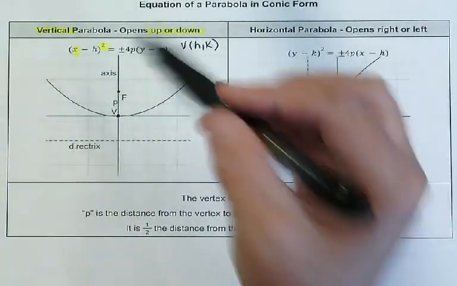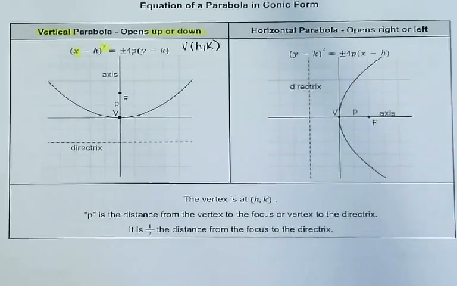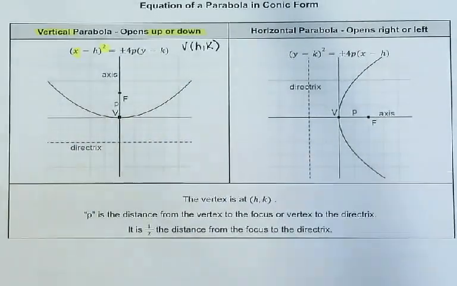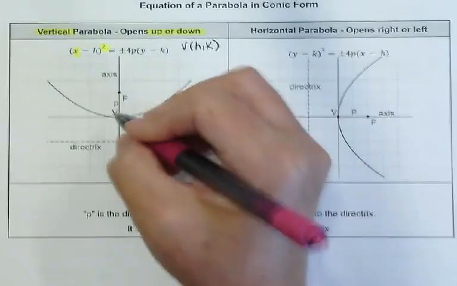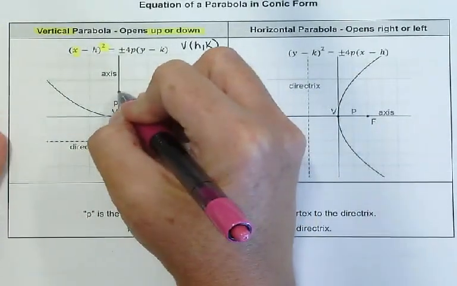All right, something different though, we have this plus or minus for p. So what in the world is p? What is even going on with this picture? All right, so we have our vertex. We have what we said is called the focus.